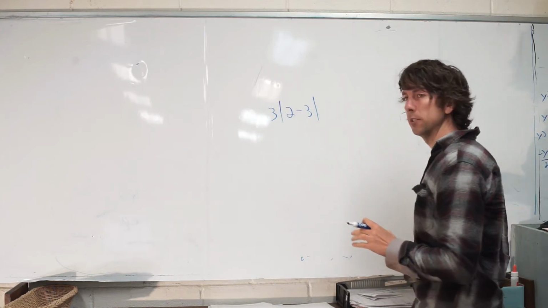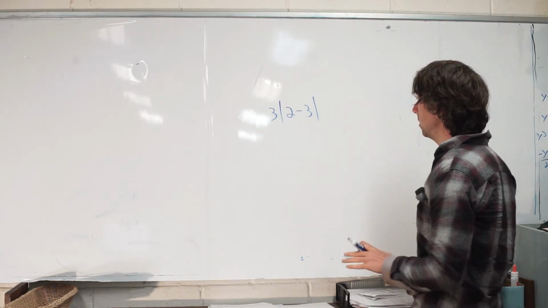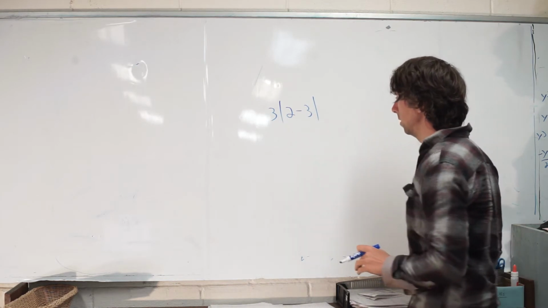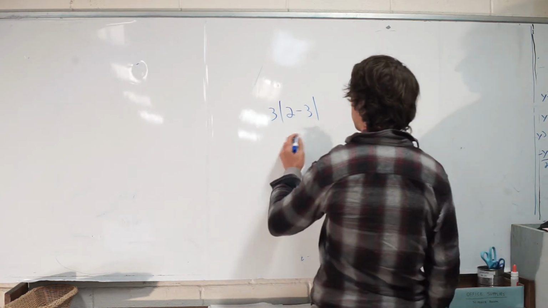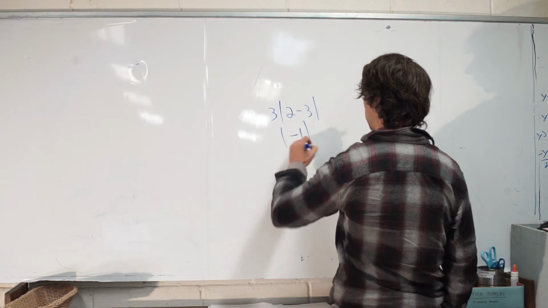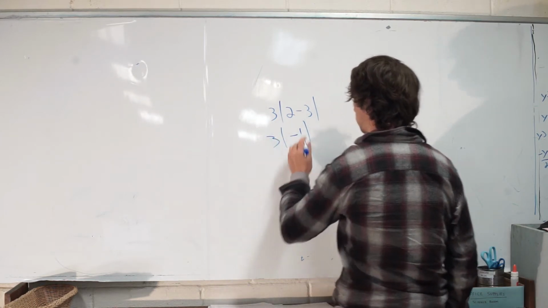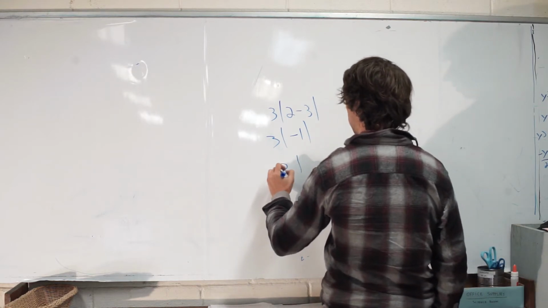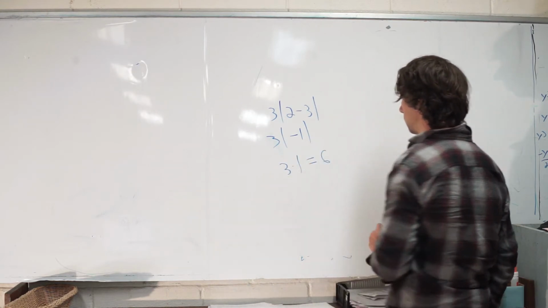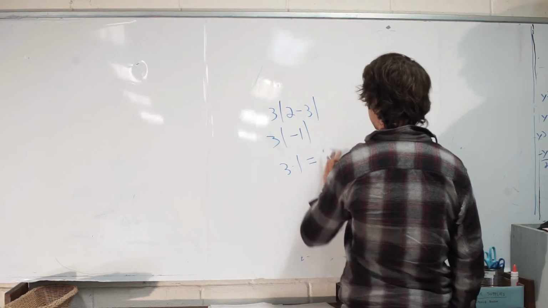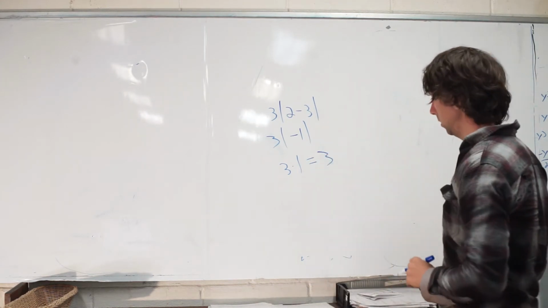You can get away with it in some cases, but I would advise just always do what's inside the absolute value sign first if you can. So in this case, this is going to become negative 1. And we're multiplying 3 by the absolute value of negative 1, which is just 1. So that's just going to be 3. Alright?